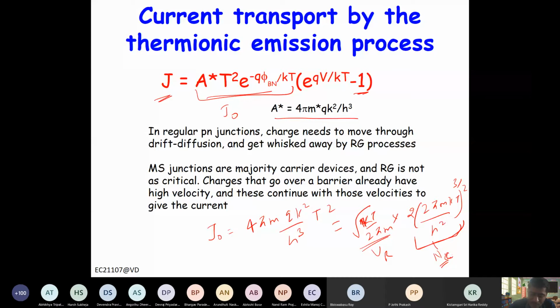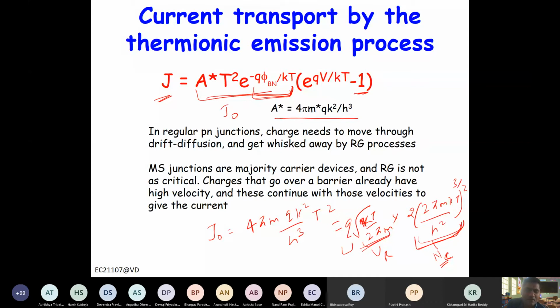So you can basically write this as effective density of states times the Richardson velocity times exponential qV by kT times exponential minus q phi bn by kT, right? And of course q will be outside, there is no q here. Anything missing? So q times v times n, and of course those exponential things.